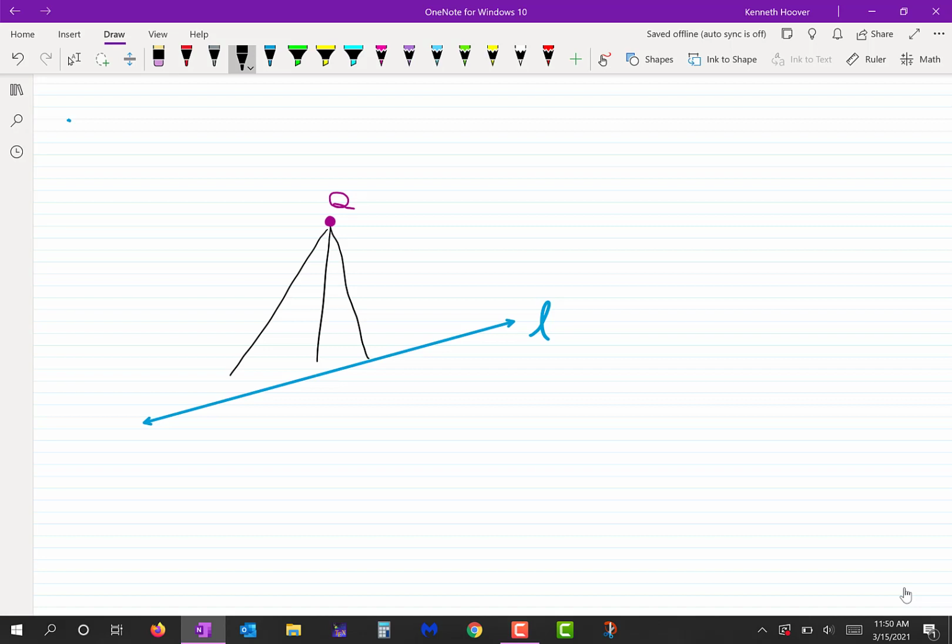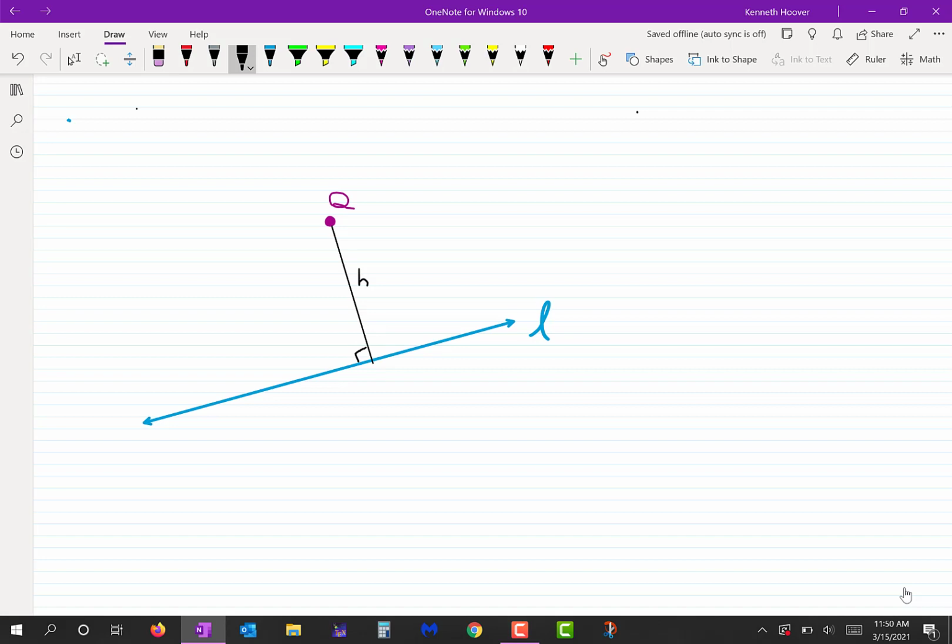In other words, we want to draw a segment that goes from Q down to line L and is perpendicular to line L. That'll give us the shortest distance. I'm going to call that H. Okay, and we want to find that distance.